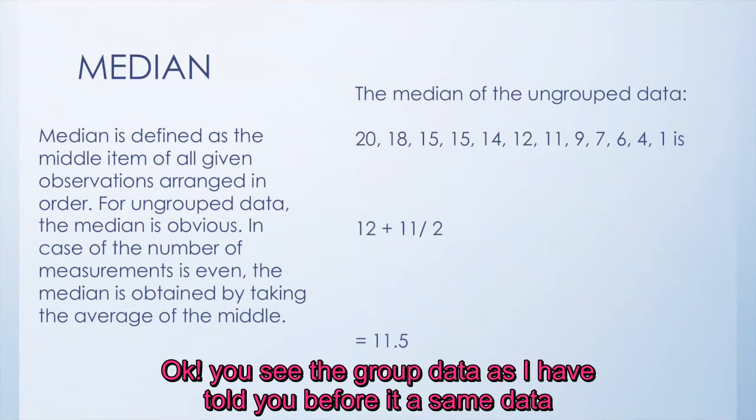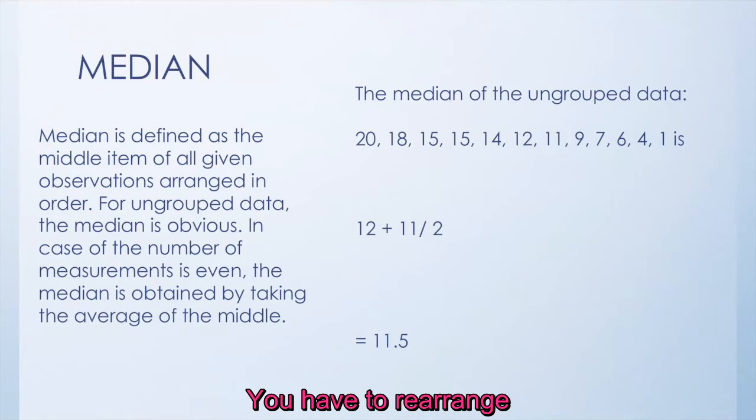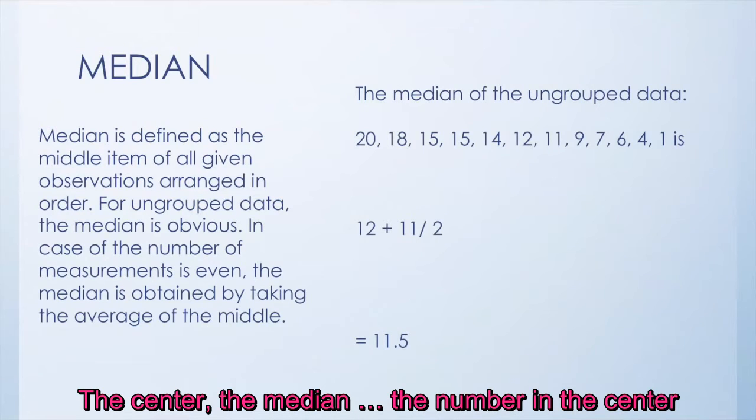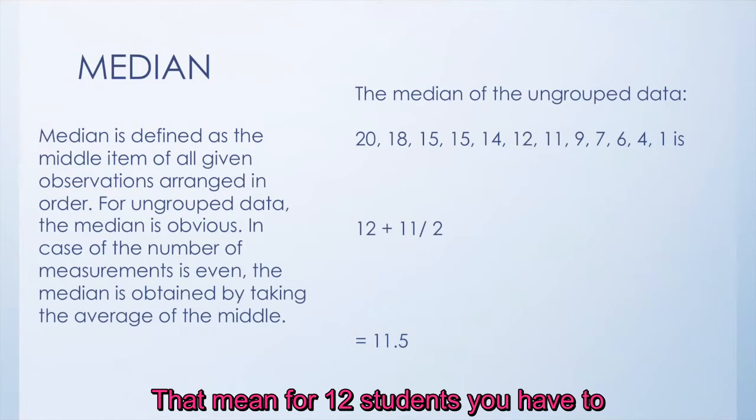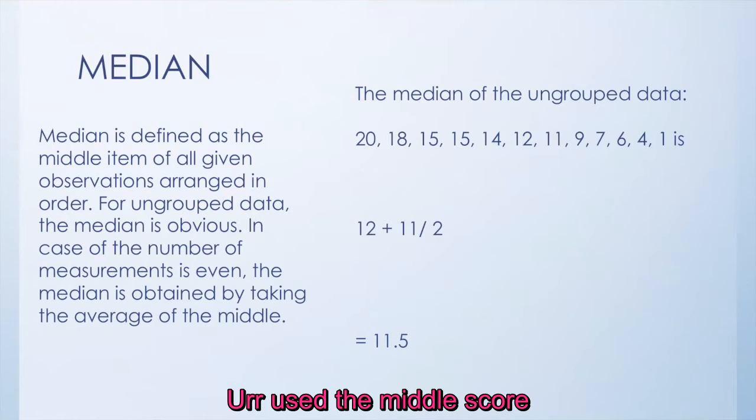You have to rearrange, and the median is the number in the center. Now it's 1, 2, 3, 4, 5, 6, 12 students.